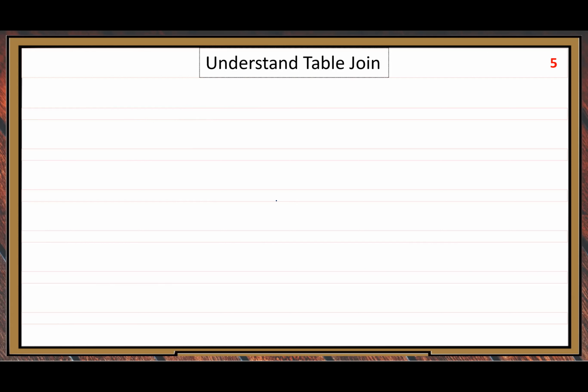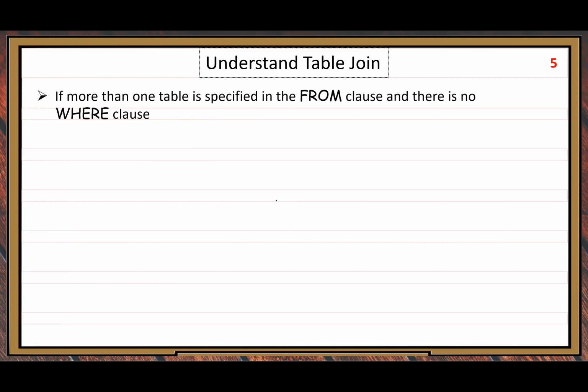Here, we need to use some abstract concept from discrete math. If more than one table is specified in the from clause, and there is no where clause. When we want to understand, we do it step by step. The first step, we want to make our situation as simple as possible.